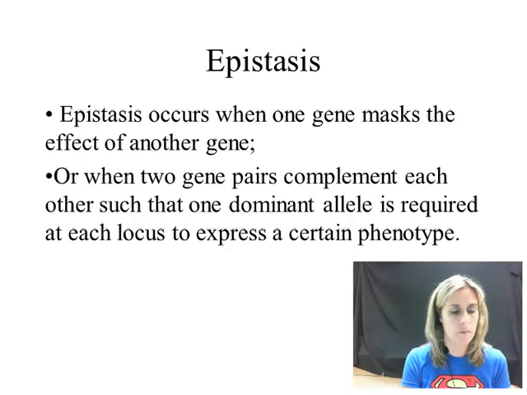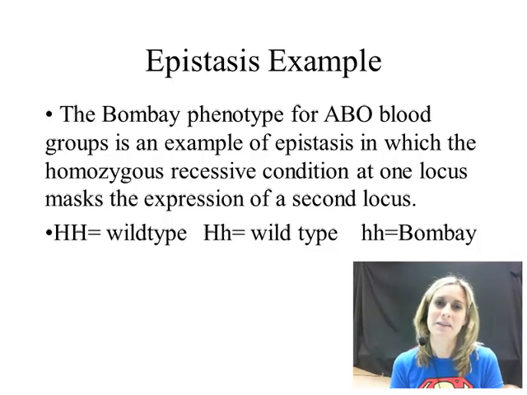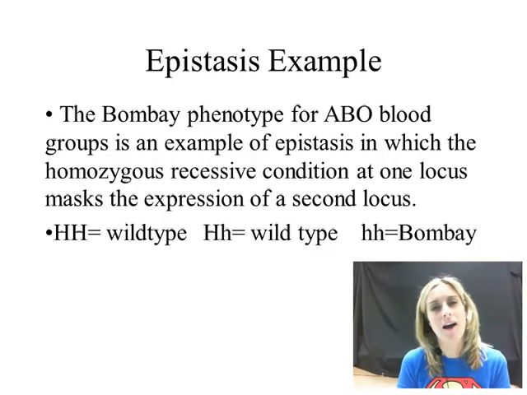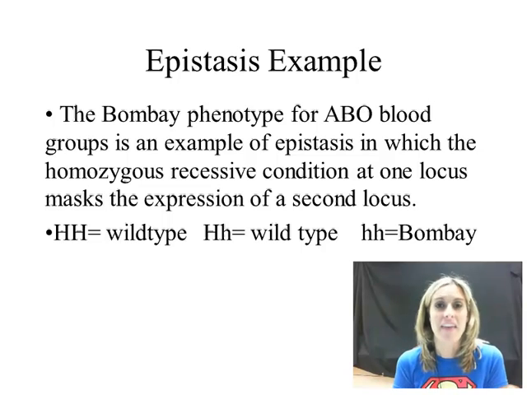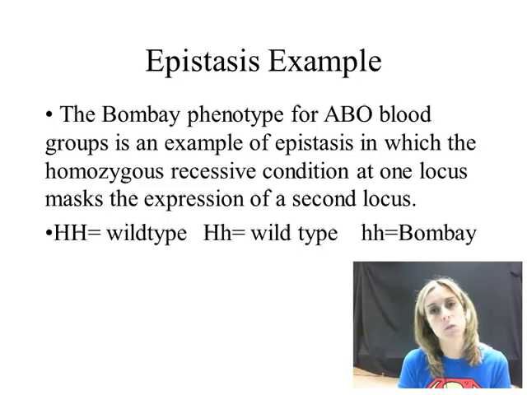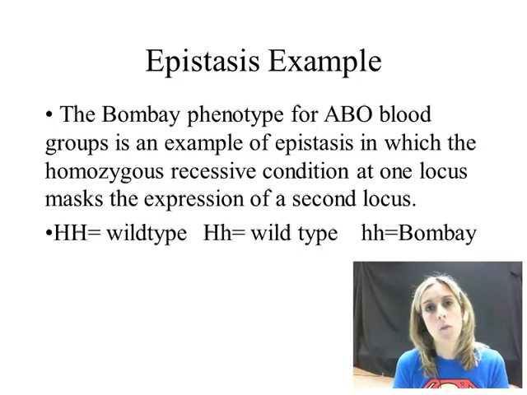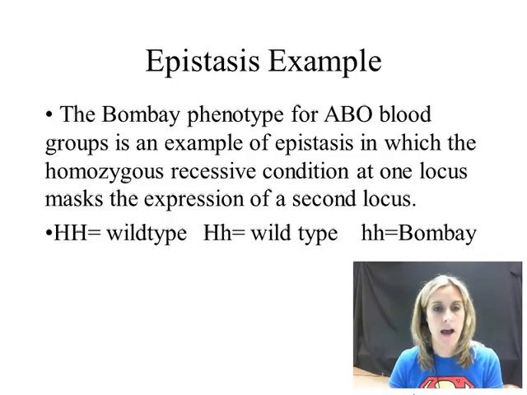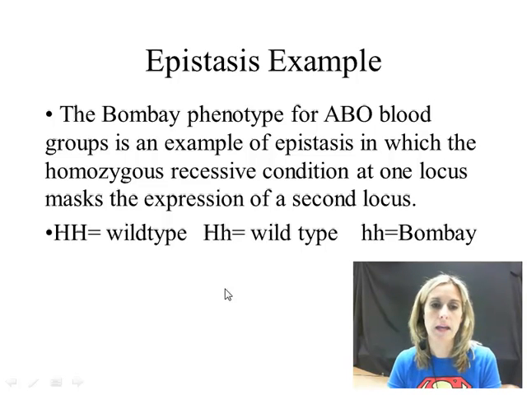Now, you've already been working on an epistasis example. When we talked about the Bombay phenotype, that is a type of epistasis. This is one of the cases where something that's homozygous recessive on one gene, in this case the Bombay phenotype, has an effect on a different gene, which is the ABO blood type.